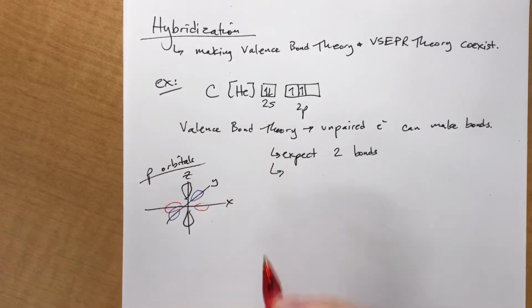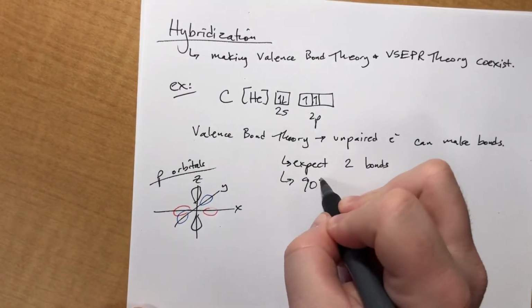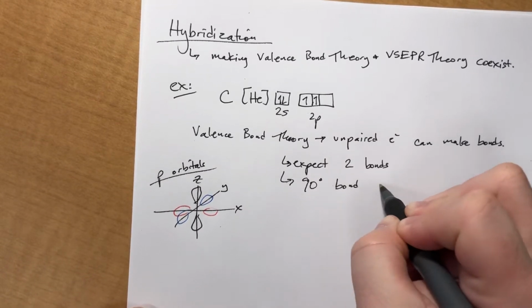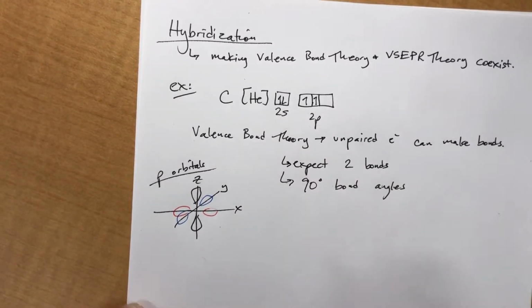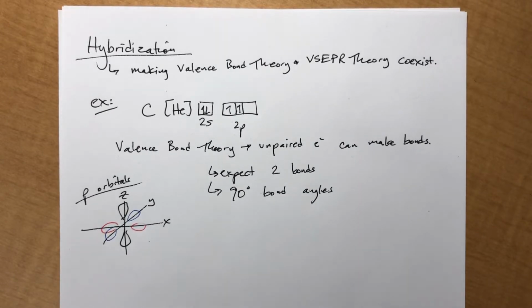Pen's kind of dying, but whatever. The idea is they're all 90 degrees apart. Well, this is completely wrong. We know this is not right. So this is where valence bond theory fails almost instantly.